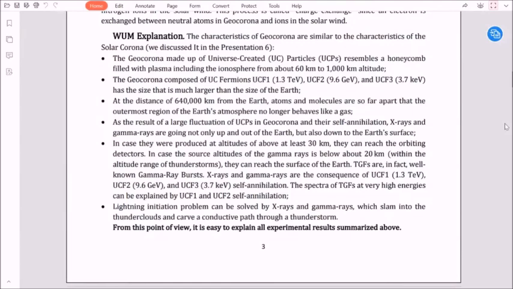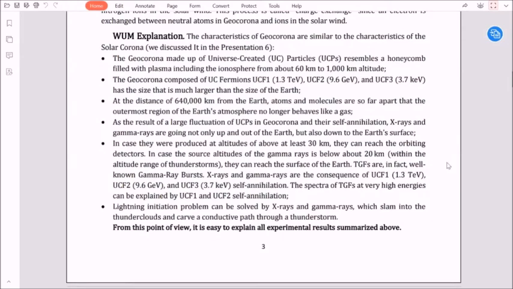In case they were produced at altitudes of above at least 30 kilometers, they can reach the orbiting detectors. In case the source altitudes of the gamma rays is below about 20 kilometers, within the altitude range of thunderstorms, they can reach the surface of the Earth.